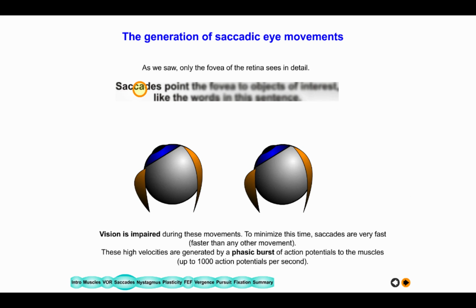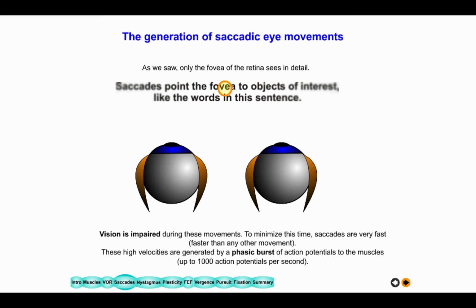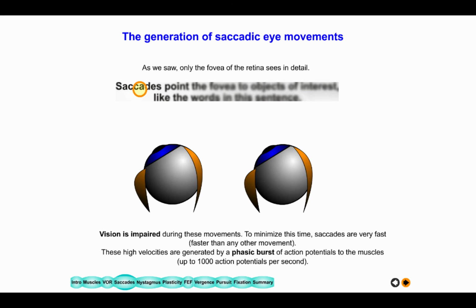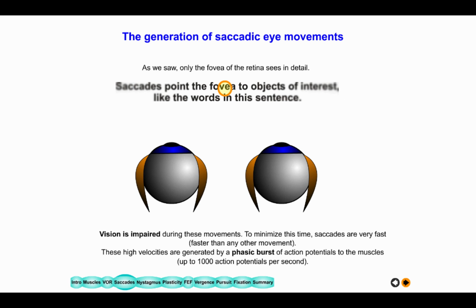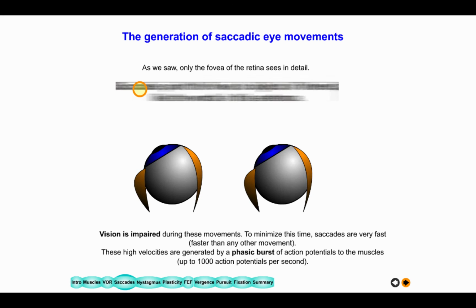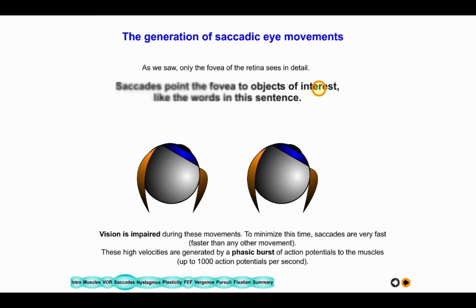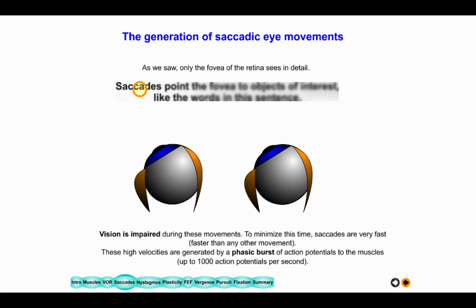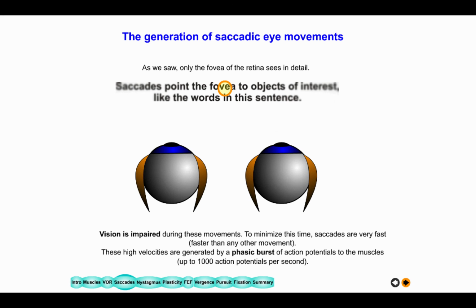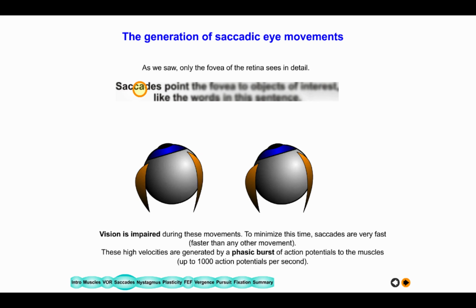But as you go further away, things become blurred and you can't make out the words of the sentence as clearly. What's also interesting is that every time the eye moves, everything becomes blurred. So you lose track of the whole thing.